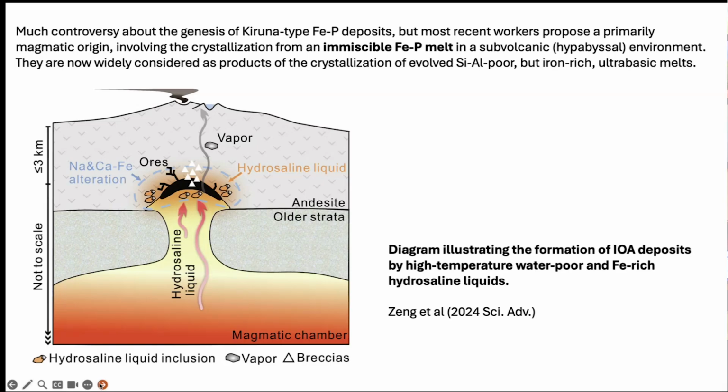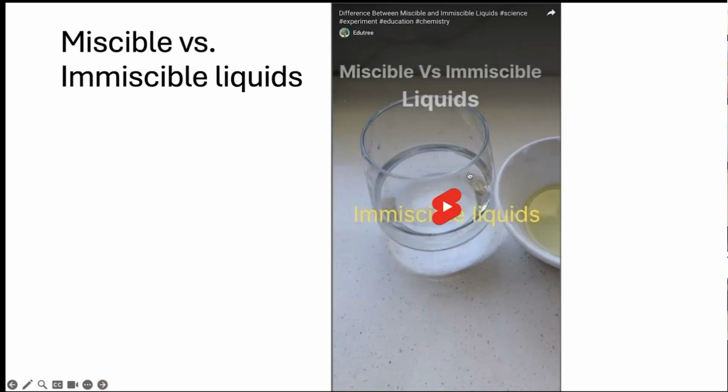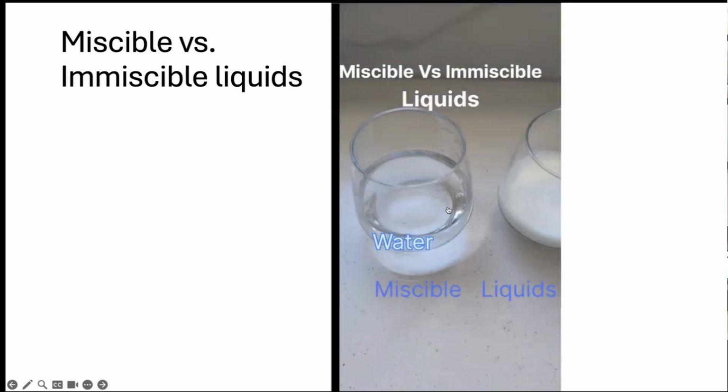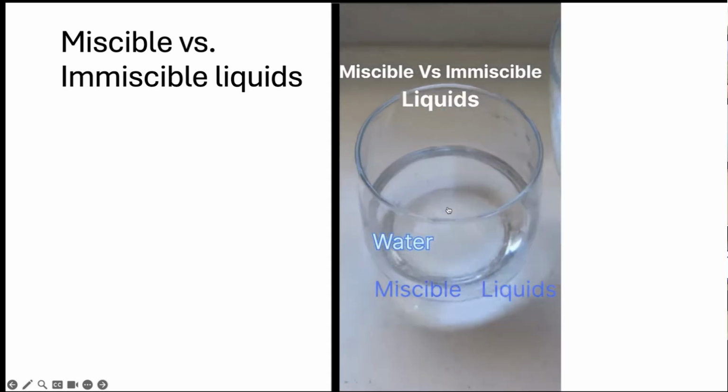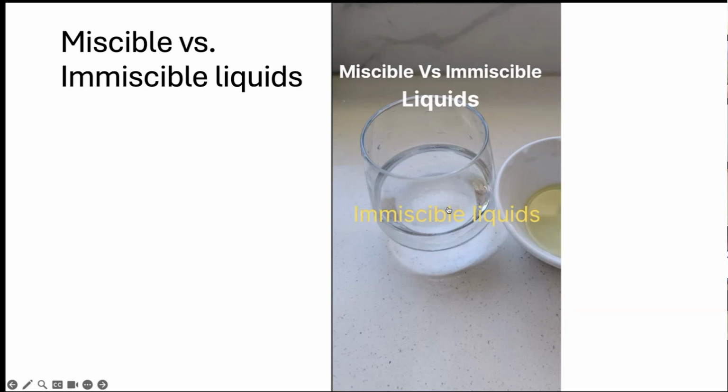But just in case some of you aren't familiar with immiscible liquids, these play an important role in mineralization. So it might be worthwhile talking about miscible versus immiscible liquids. Miscible liquids: liquids which mix together in all proportion and form a single layer are called miscible liquids. They are separated by the process of fractional distillation.